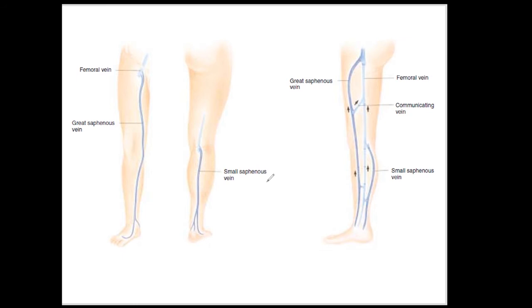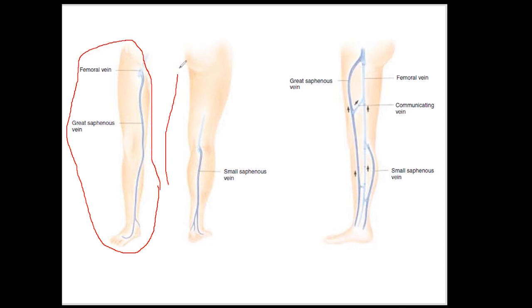So that's why I didn't put the arm veins in here. I only put the legs view here. We can see this side, we're looking at the vein from anterior and posterior. So we have a big vein, the femoral vein, and it goes down.